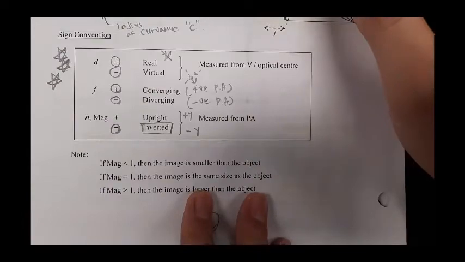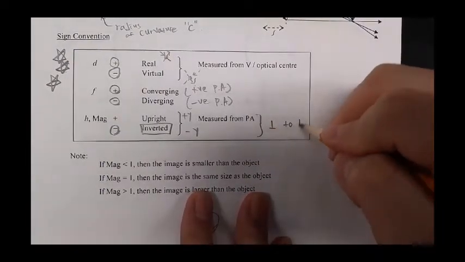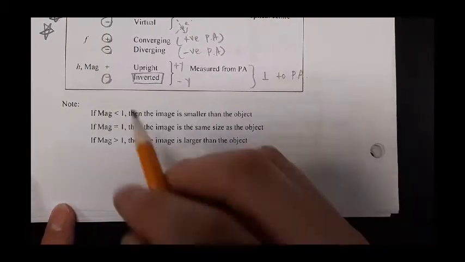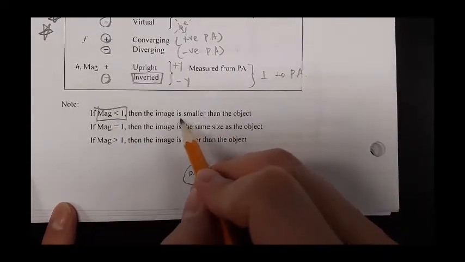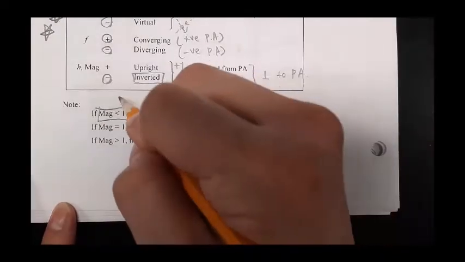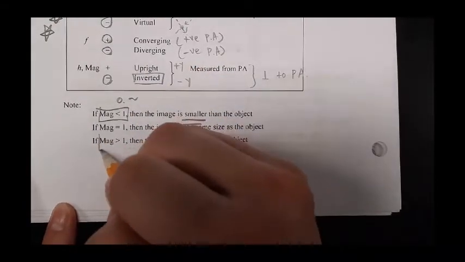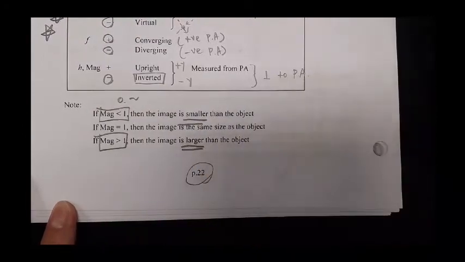It's the same thing, except these h are perpendicular to the principal axis. Like I mentioned, if the magnitude is smaller than 1, so 0 point something, then it's a smaller image. If the magnitude is bigger than 1, in terms of quantity, it's a larger image.